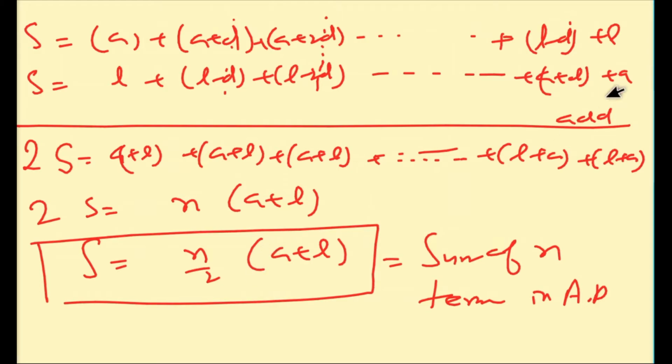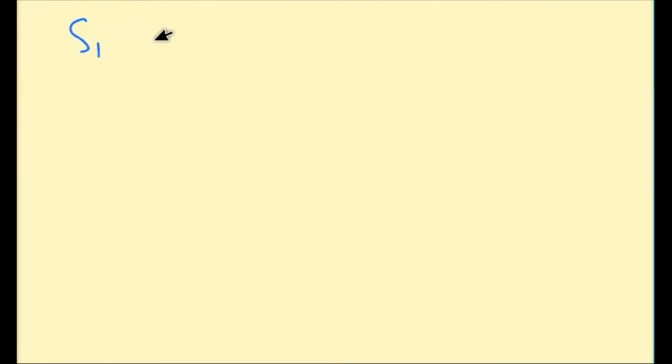Okay student, if we write here a small n, it denotes the sum of N terms. If we write here 1, it means the sum of 1 term. S1 means the sum of 1 term, it means T1.